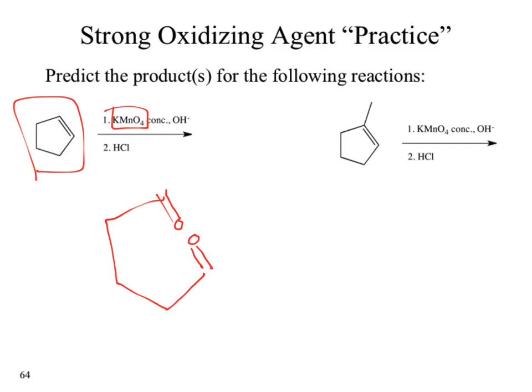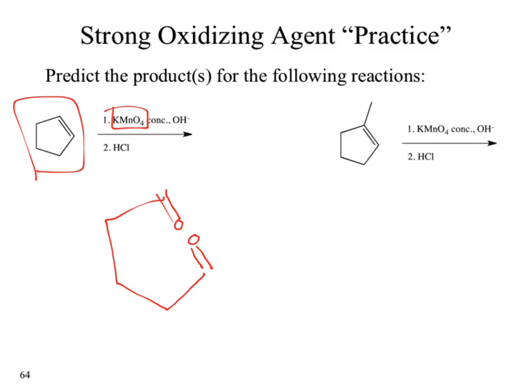Permanganate, really strong oxidizer, which means if it can oxidize, it will. To oxidize, what has to happen? This goes back to the definitions that we started our redox section with. Increase bonds to oxygen and decrease bonds to hydrogen.